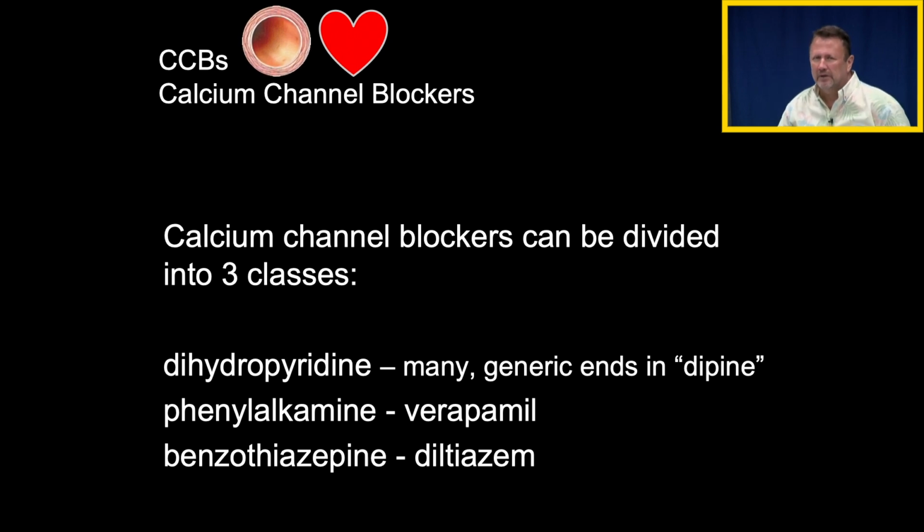What I want you to know is there's lots and lots of dihydropyridines out there. The list in my clinical discussion is short. You can go to drugs.com/professional and enter dihydropyridines, and they'll give you this long list of calcium channel blockers. And when you read the package insert for dihydropyridines, they're pretty much all the same. There are a few dihydropyridines that are going to work better in some ethnicities than others.